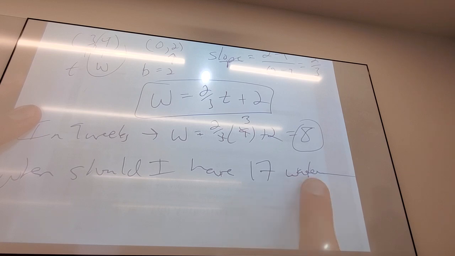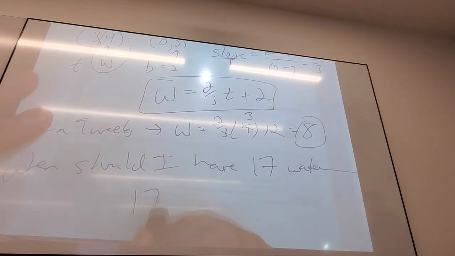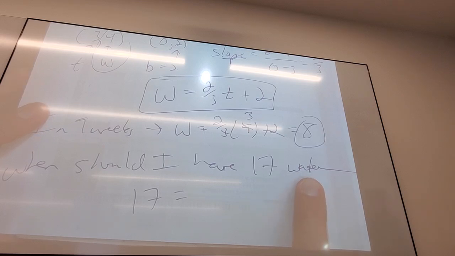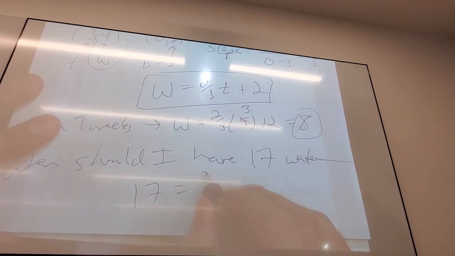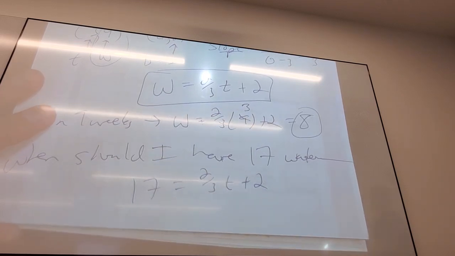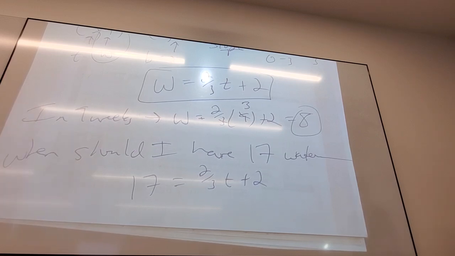Yeah, 17 is now the number of watermelons. So I'm going to put 17 in for W because that's what represents watermelons. And then what do you have to do? All right, do it. I'll wait.